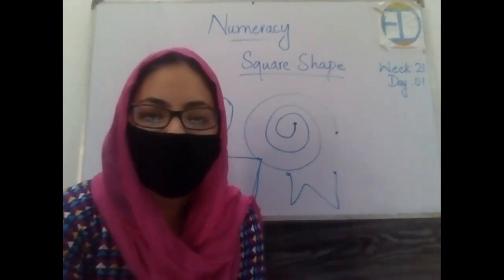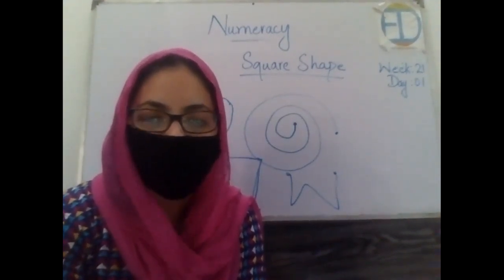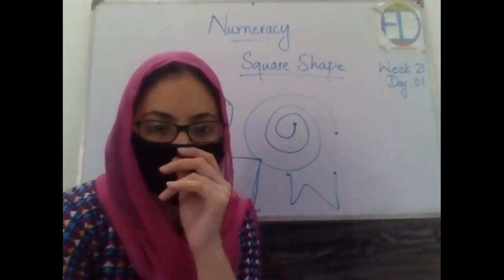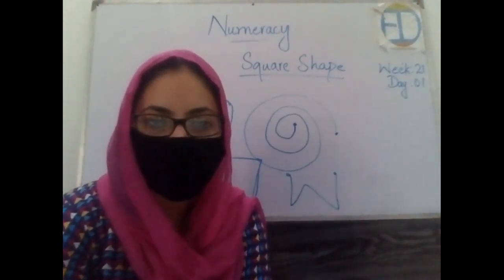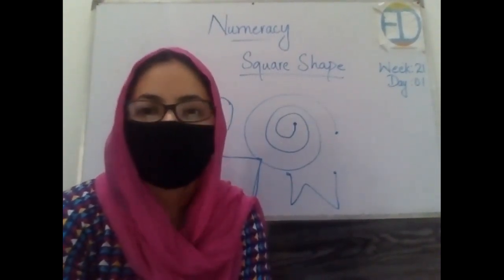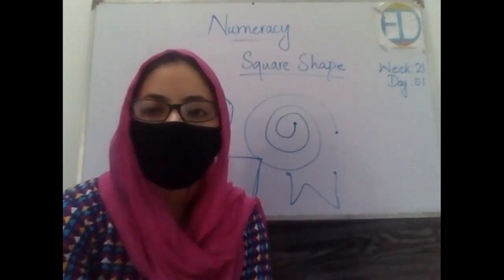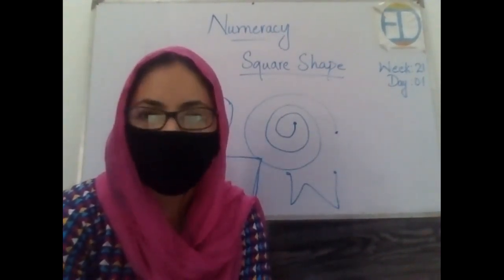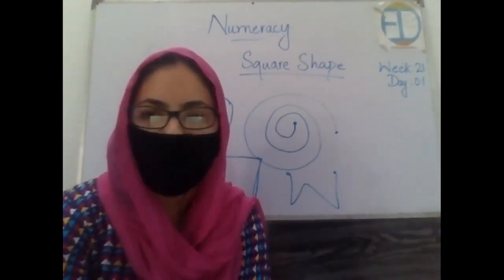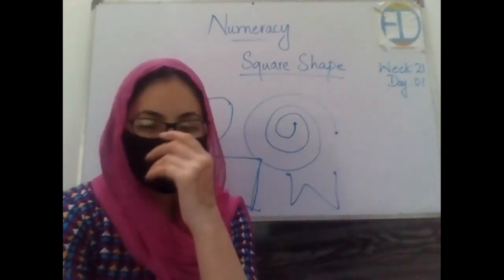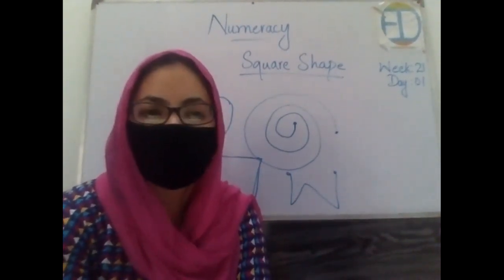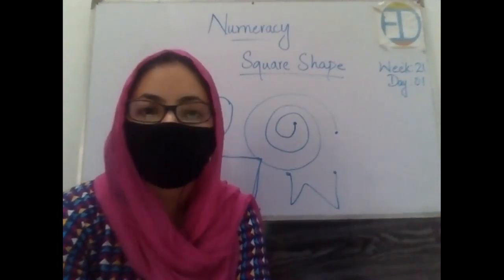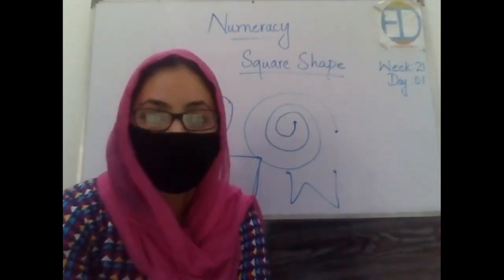Okay, so now I'm going to share the screen with you and we will discuss together the square shape. So tell me how many of you are familiar with the square shape. Yes, raise your hands. Well, everybody. Very good. So what is a square shape? Can you tell me the characteristics of that? A square shape is basically a shape which has four sides. Very good.